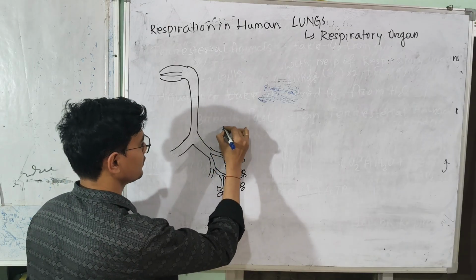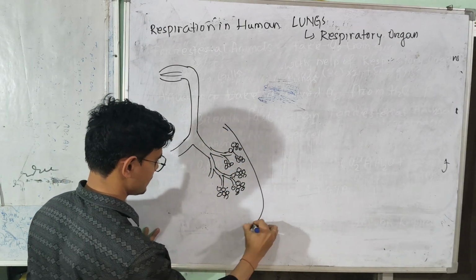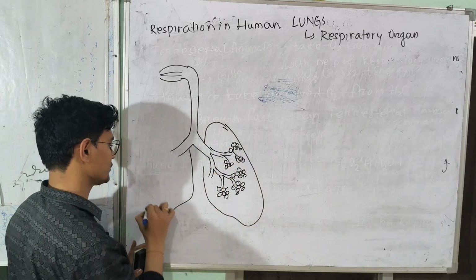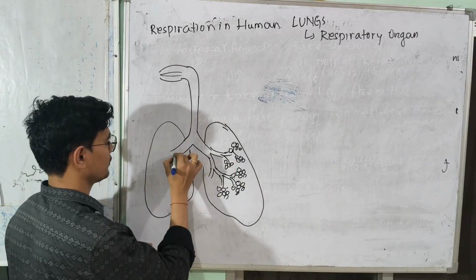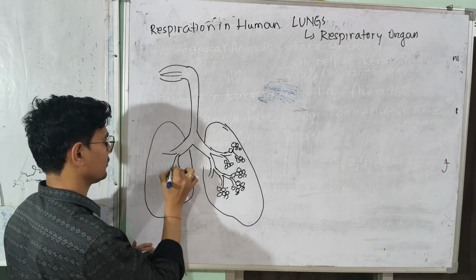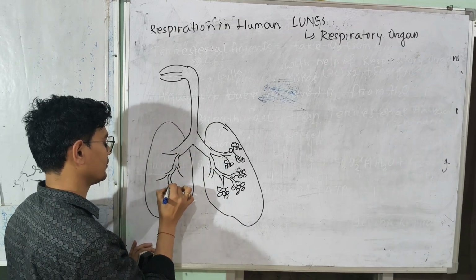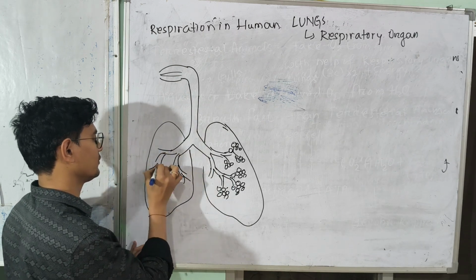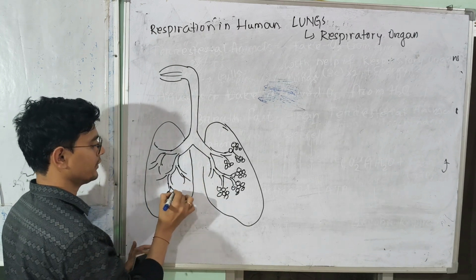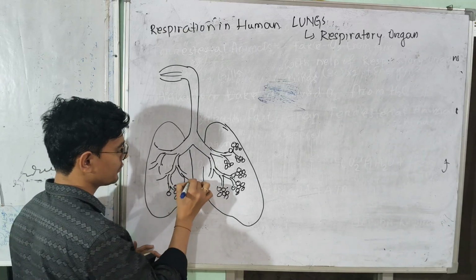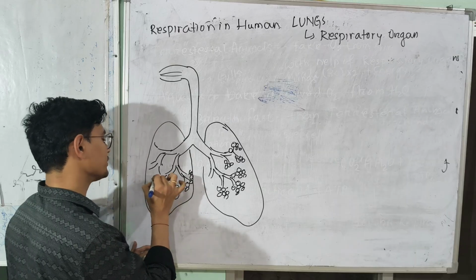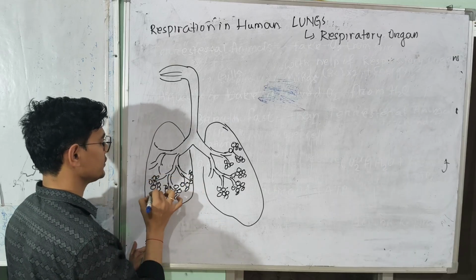This is our lungs. Here a large number of alveoli are present, increasing the surface of the lungs.